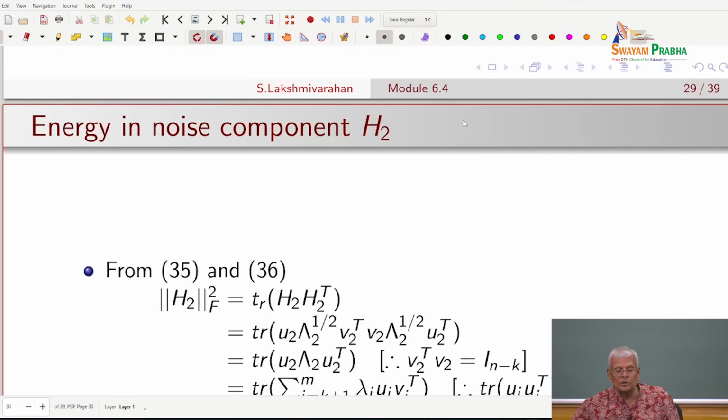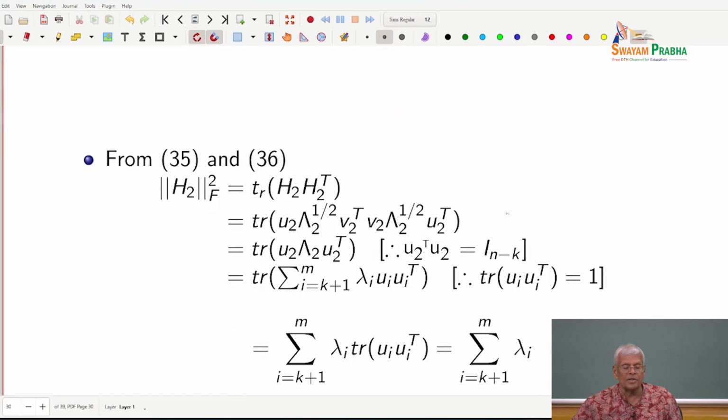So consider the energy in the noise component H2. Please understand, if I'm trying to throw away something, I want to compute a measure of the size of what is being thrown. One measure of the size of what is being thrown is the size of the matrix. The energy norm of what is being thrown tells you how much you are throwing out.